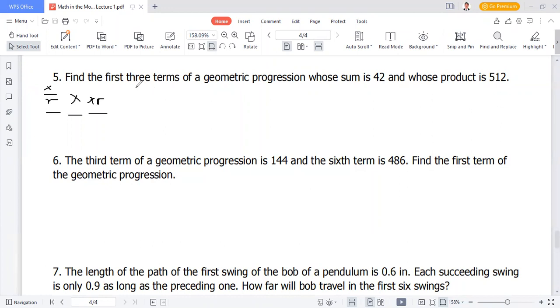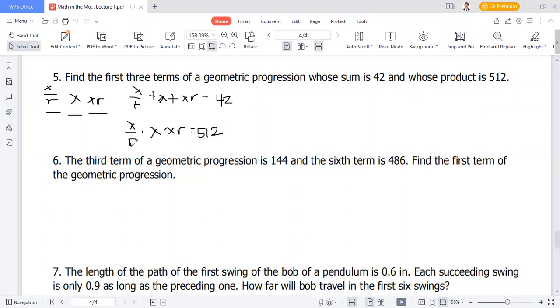So, ang sabi, ang sum daw nito, yung x over r plus x plus xr is 42. Tapos, ang product, yung x over r times x times xr is 512.